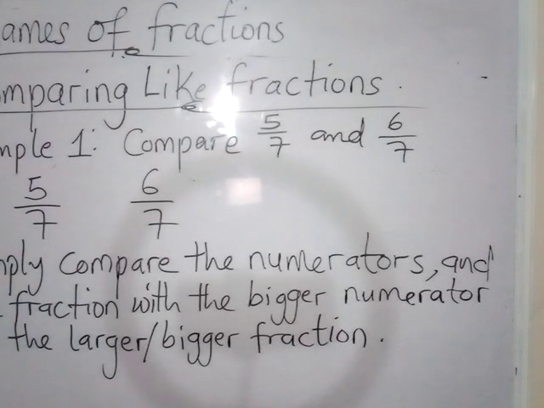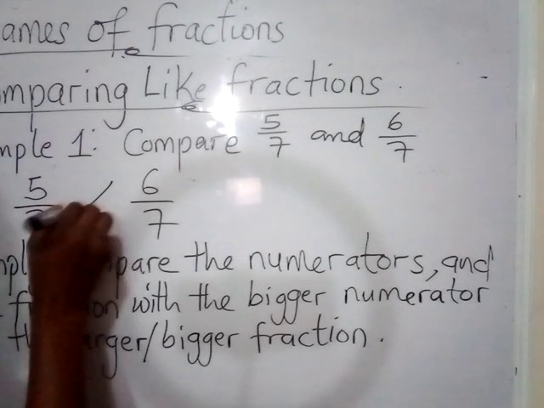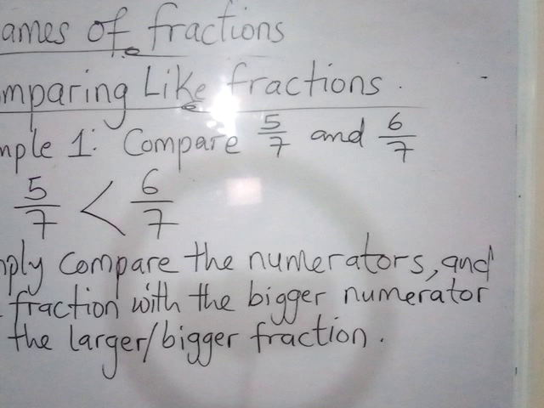Simply compare the numerators, that is the numbers at the top, and the fraction that has the bigger numerator is larger. In this case, 6 is bigger than 5. That means 6/7 is bigger than 5/7.